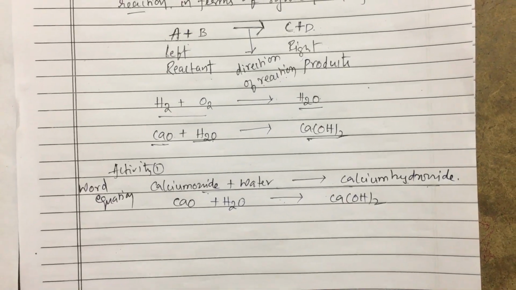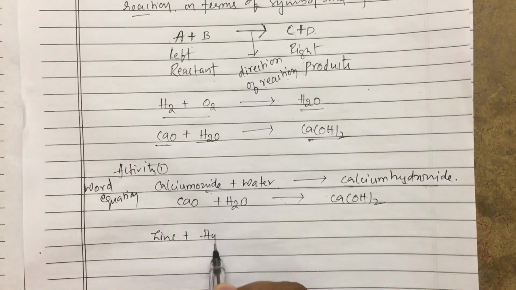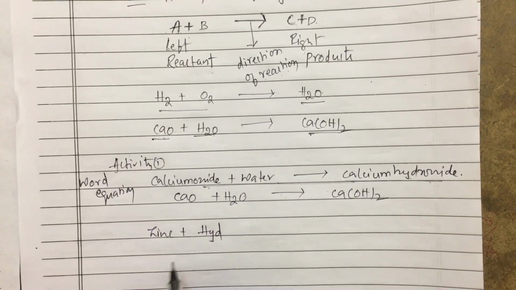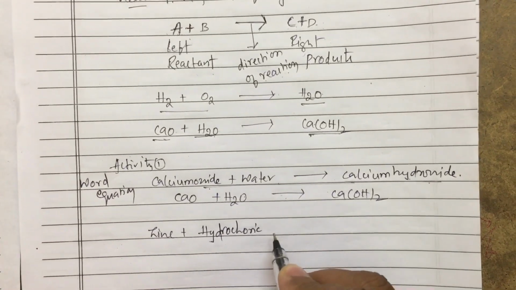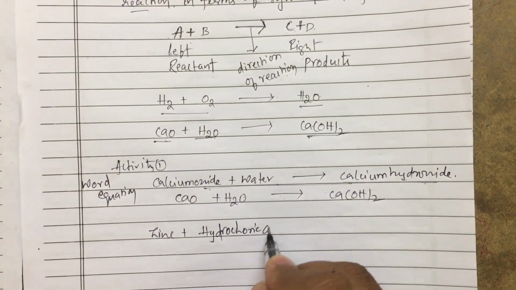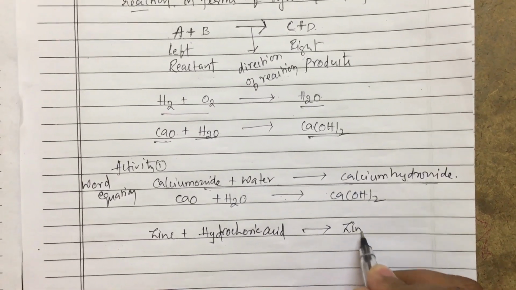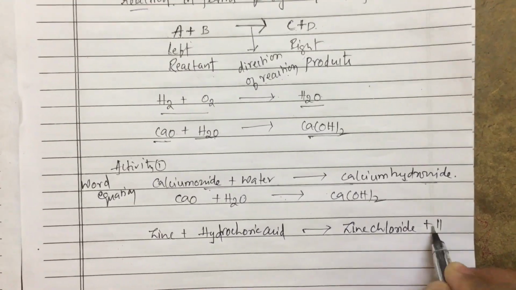One more example. Zinc plus hydrochloric acid gives rise to zinc chloride and hydrogen.